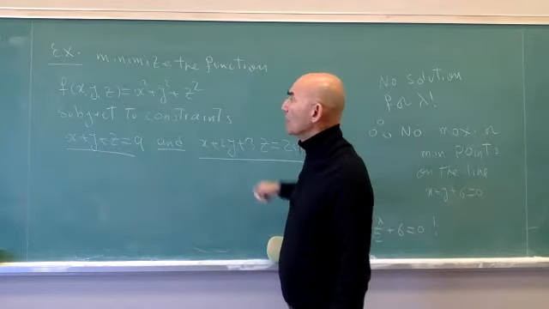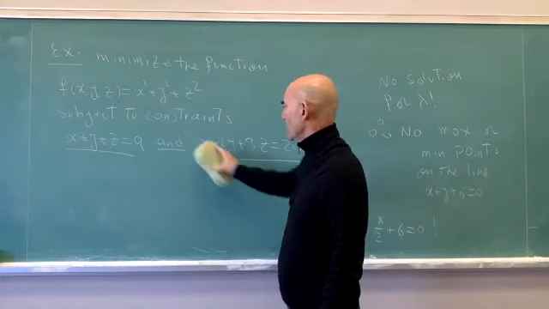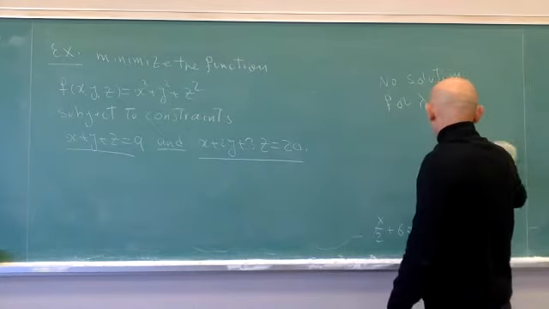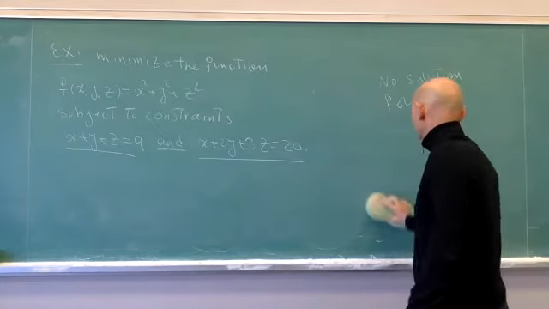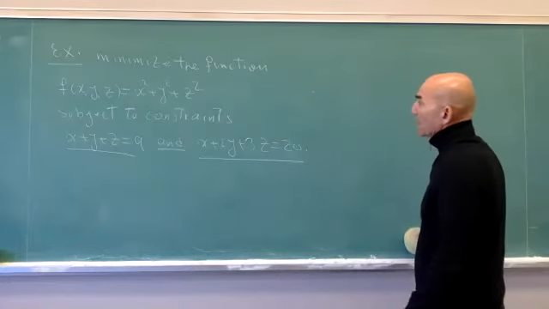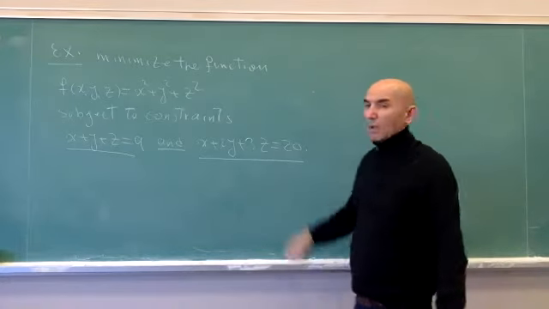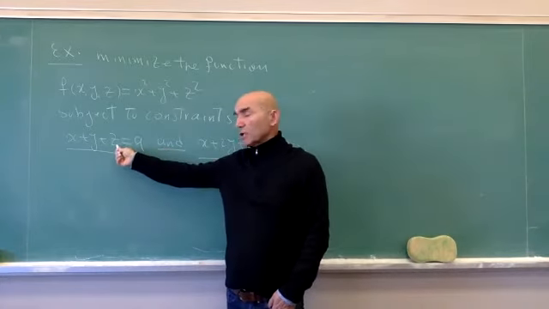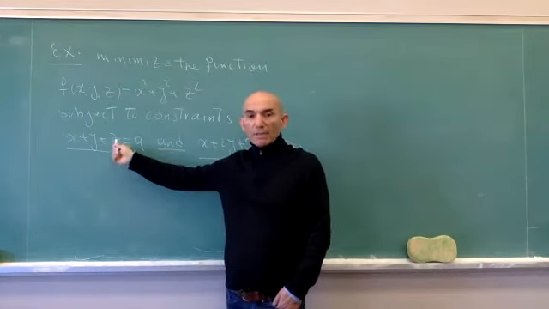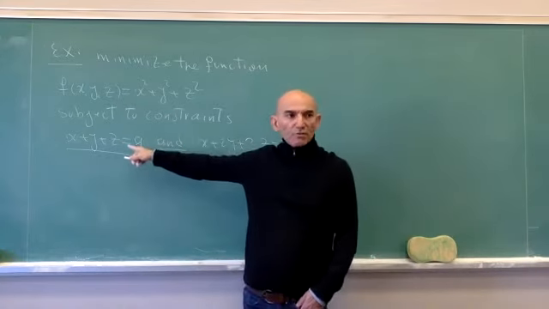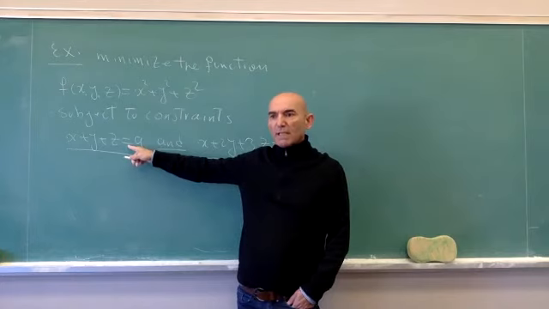Before telling you about that, let me just give you the geometric meaning of this problem. What is it that we are asked to do here? It's very important to know that. We have this constraint x plus y plus z equal to 9. What kind of object is this in 3D space?